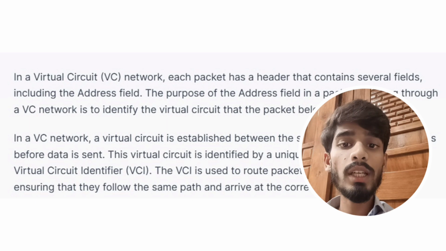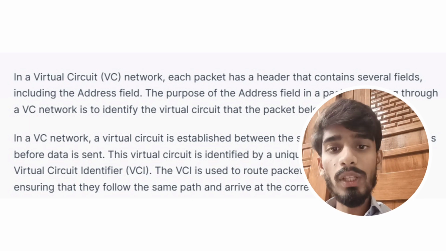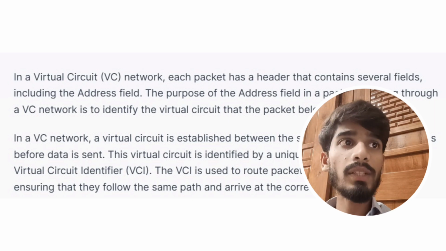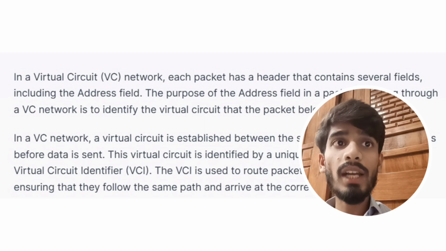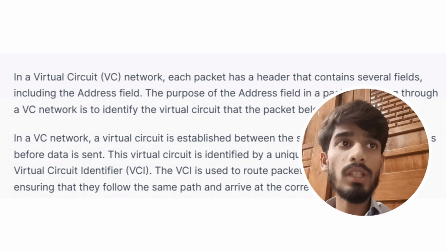In a virtual circuit network, each packet has a header that contains several fields, including the address field. The purpose of the address field in a packet traveling through a VC network is to identify the virtual circuit that the packet belongs to.